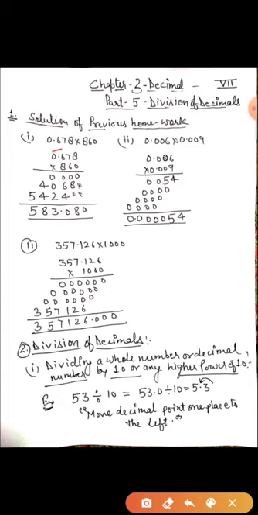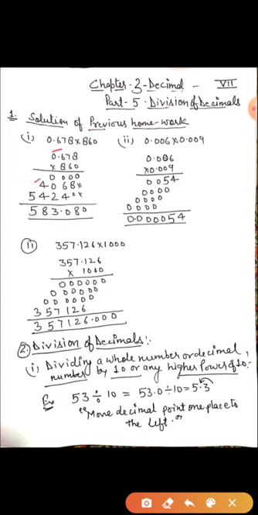Look here, 0 times 8 is 0, 0 times 7 is 0, 0 times 6 is 0. Now 6 times 8 is 48, write 8, then 6 times 7 is 42, plus 4 is 46, then 6 times 6 is 36, plus 4 is 40.